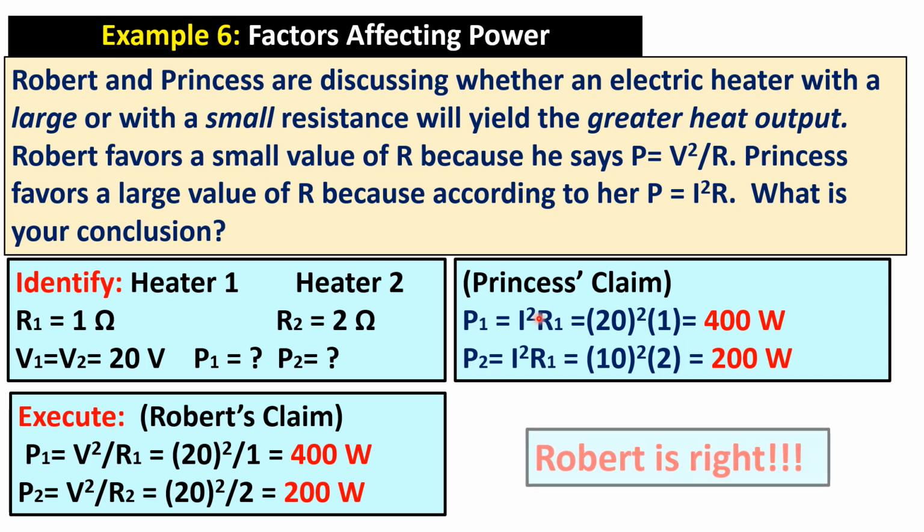But for the higher resistance of 2 ohms, with a given voltage of 20 volts, the corresponding current in fact is lower.